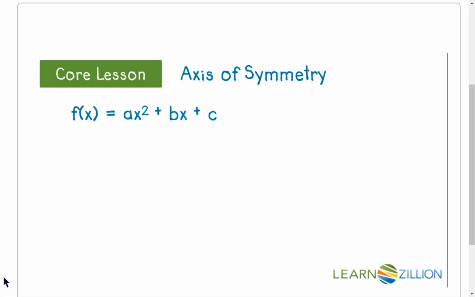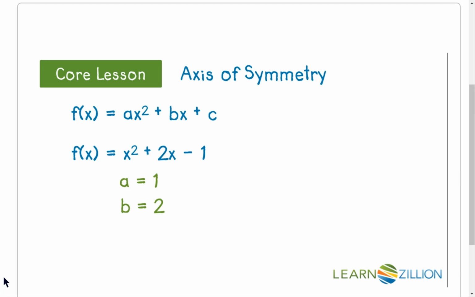To solve for the axis of symmetry, first we need to remember the standard form of a quadratic function: f of x equals ax squared plus bx plus c. For our function, f of x is equal to x squared plus 2x minus 1, our a is the number in front of the x squared term, which for us is an invisible 1. So a is equal to 1.